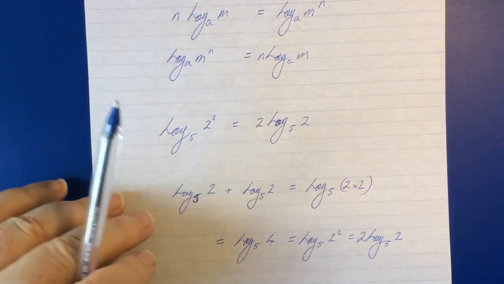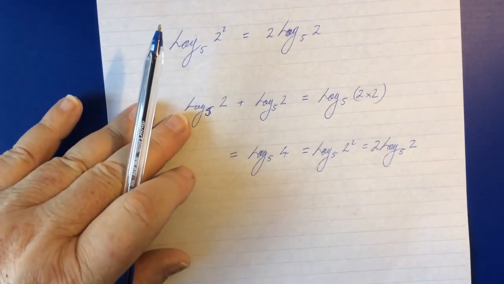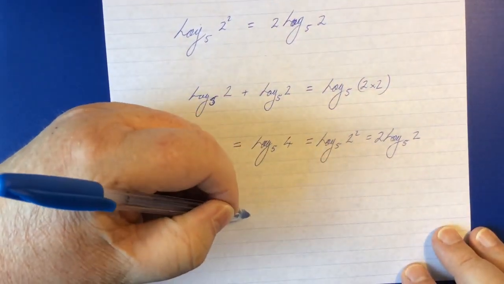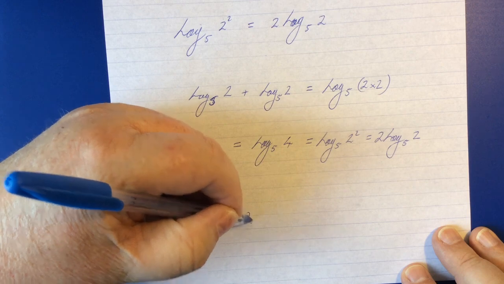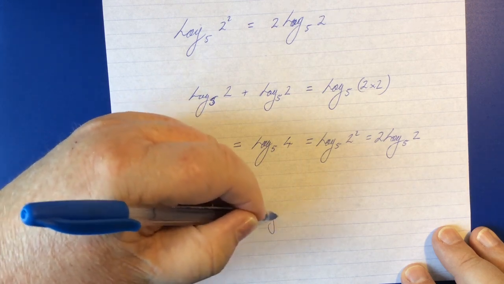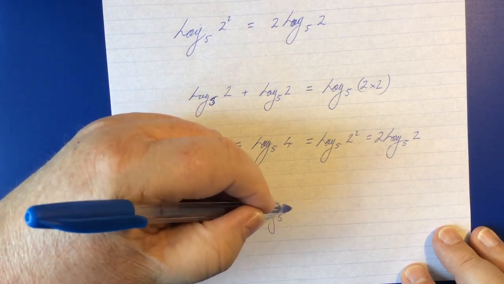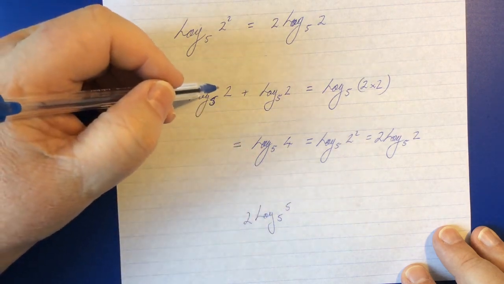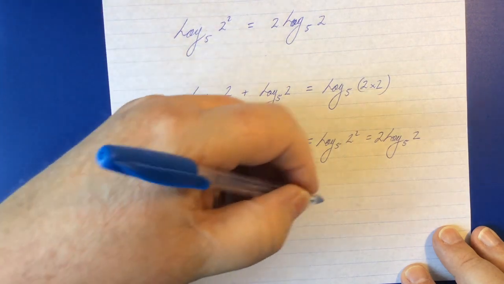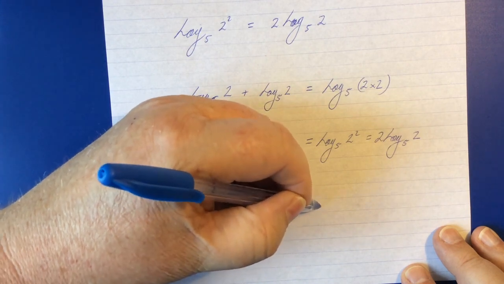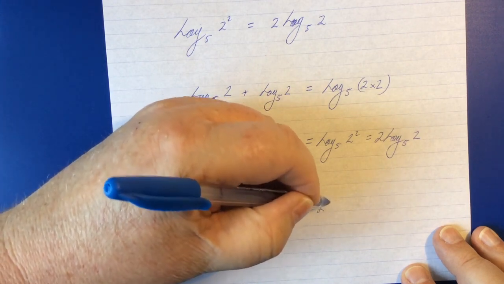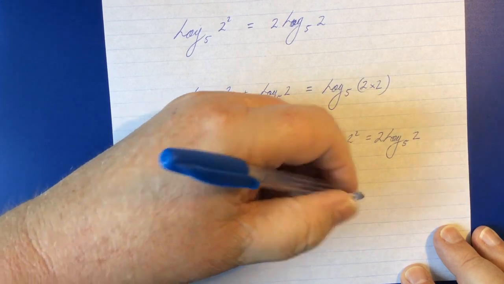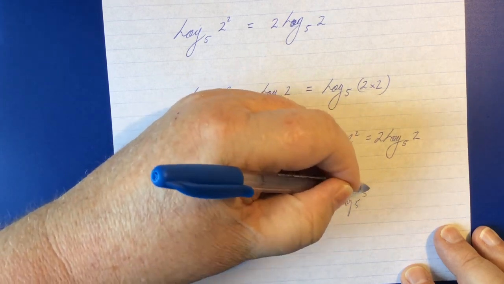Let me show you. So let's say that we had 2 log 5 of 5. Okay. Now that could have been presented to you as log 5 squared.